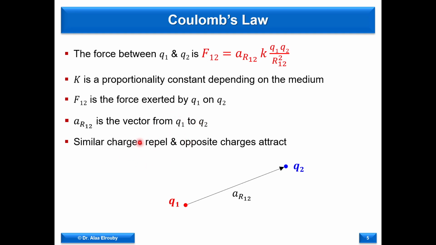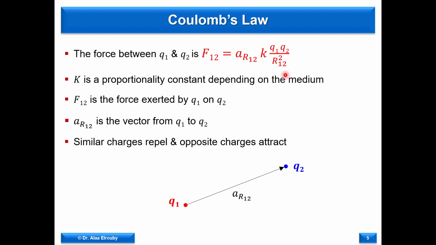To describe this relation, we have this vector a_R12. F12 is the force affecting charge 2 because of charge 1, the force exerted by 1. So the first is the source of force, and 2 is the object that is affected by this force.